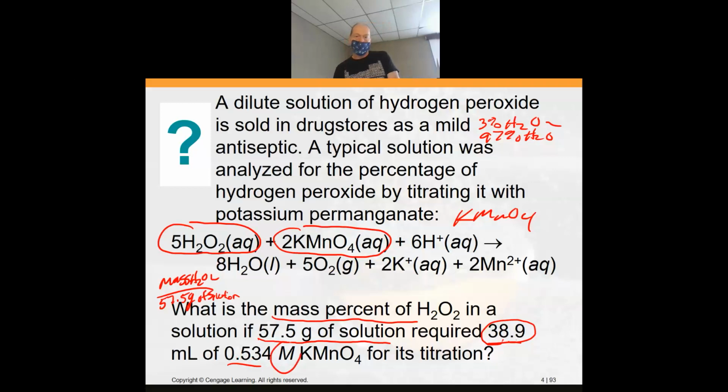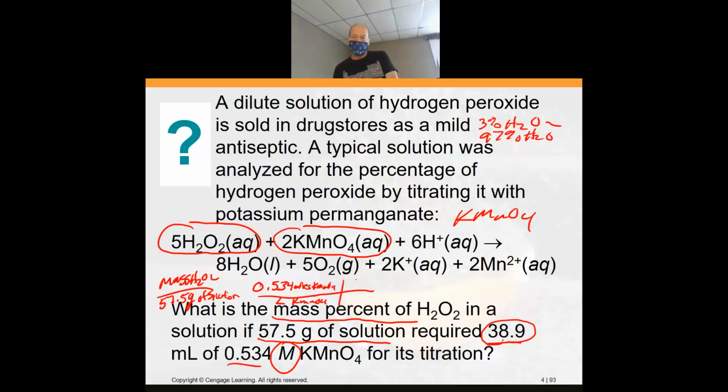Again, you have to know what the molar is. So we have 0.534 moles of KMnO4 per liter of KMnO4 solution, and we have 38.9 milliliters.